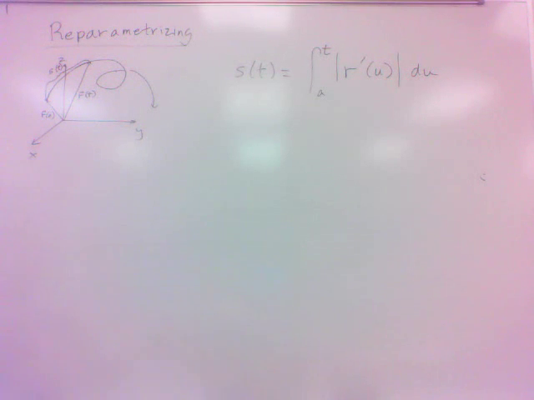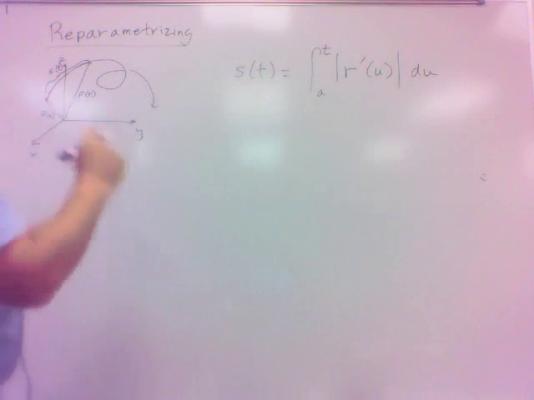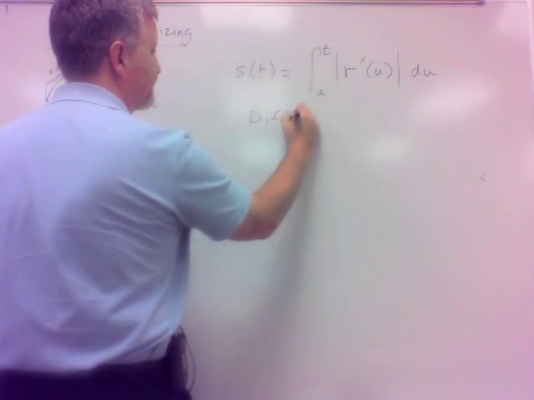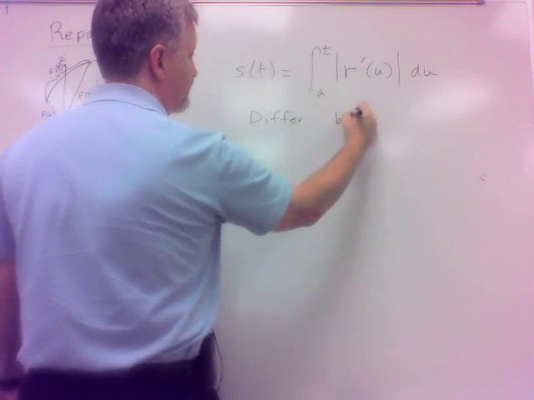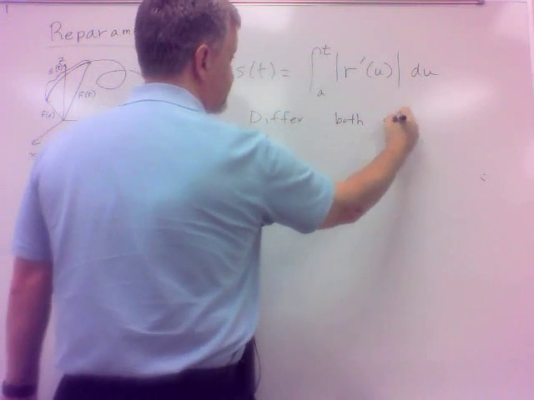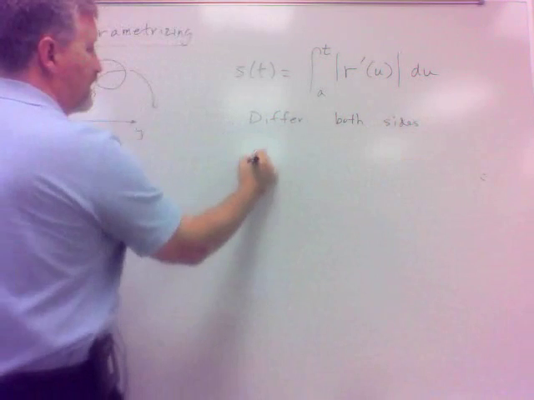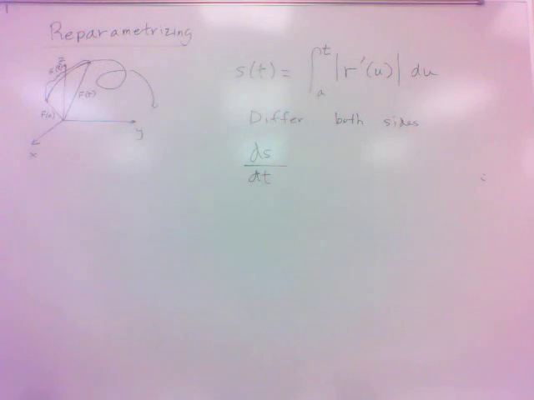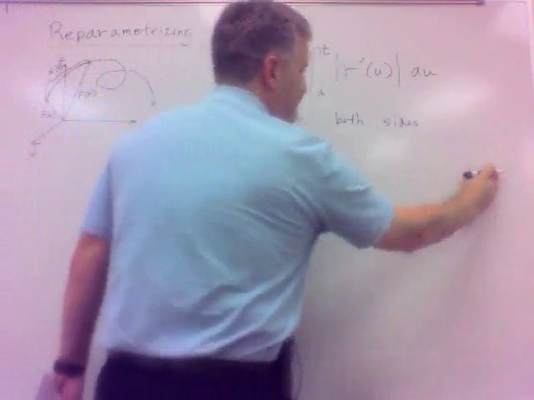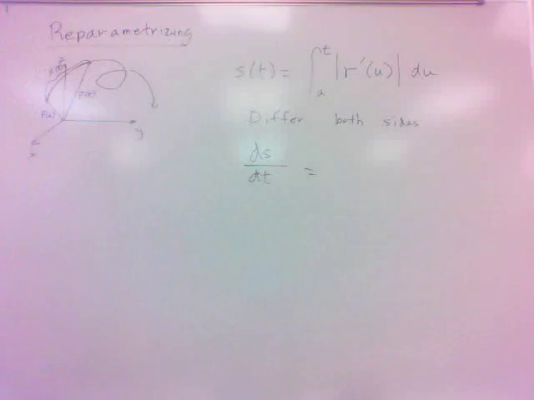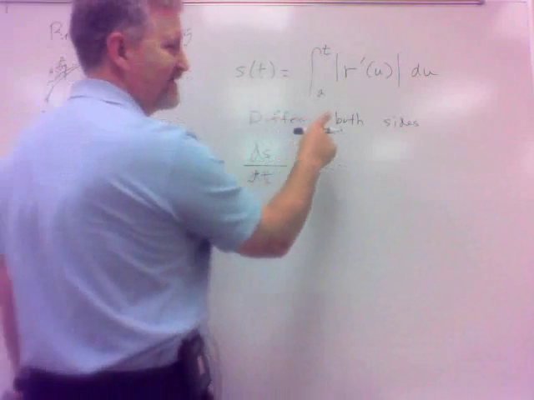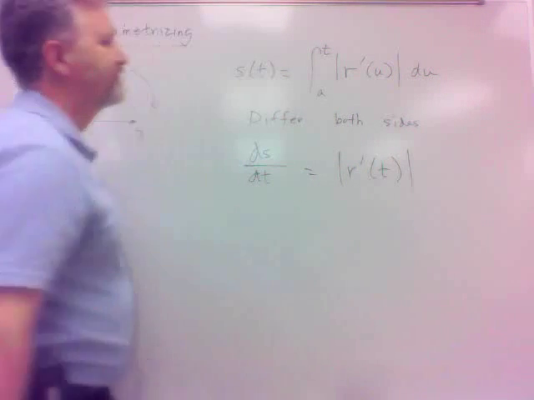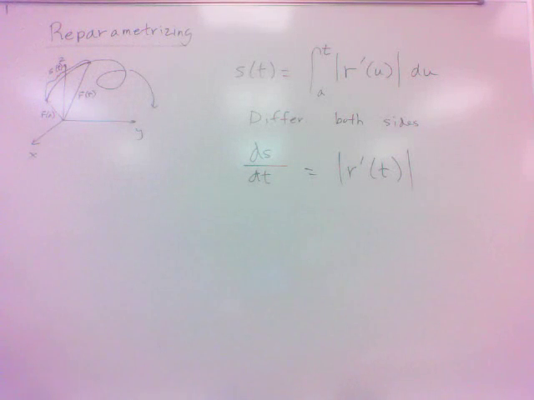Now, if we differentiate both sides, this is also critical here, with respect to t. Here's the way they're going to write it: ds dt, the derivative with respect to t, equals, from the fundamental theorem of calculus, just the magnitude of the derivative vector.